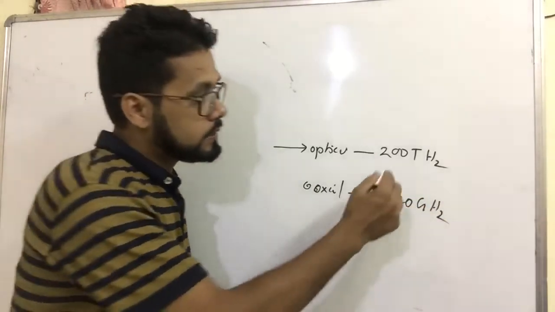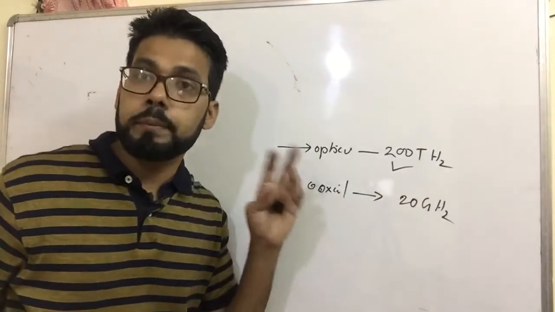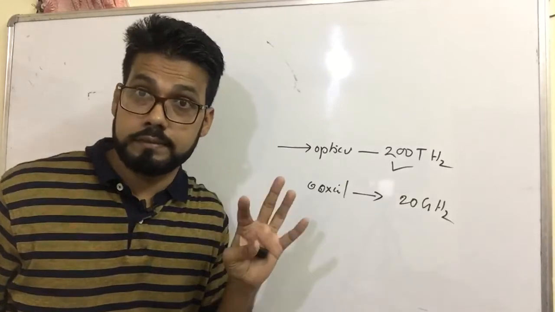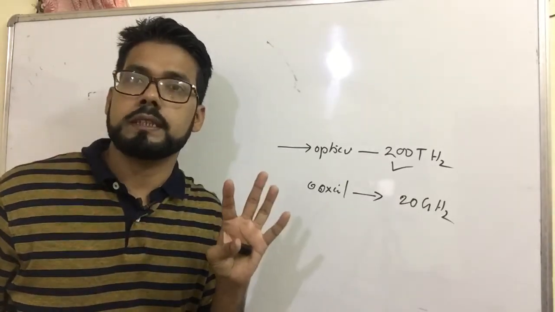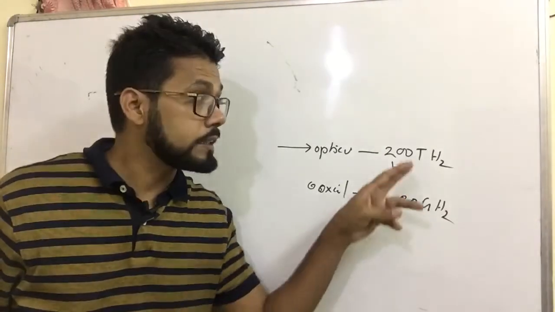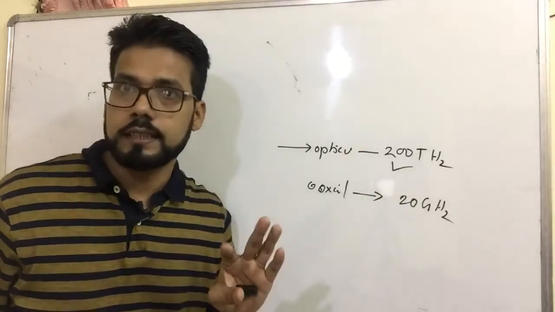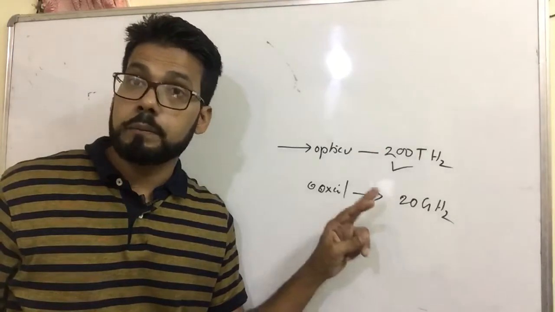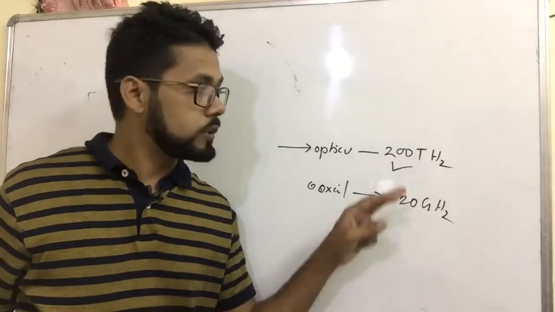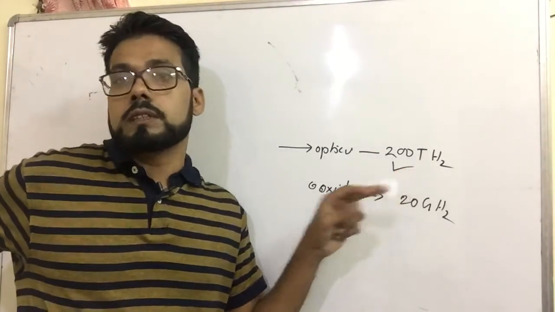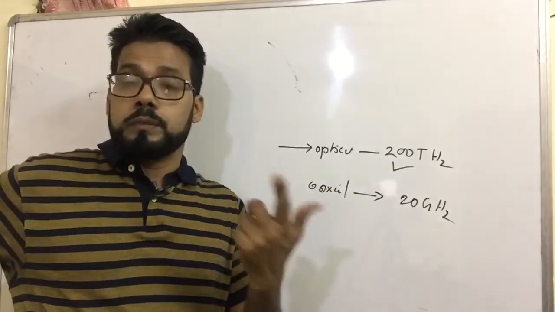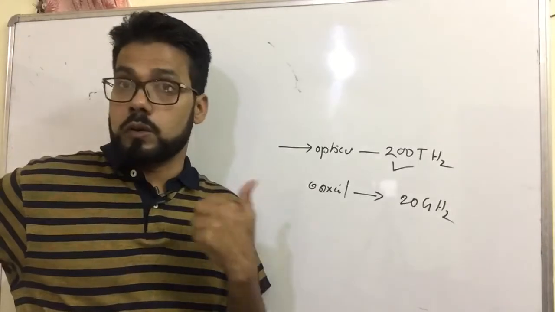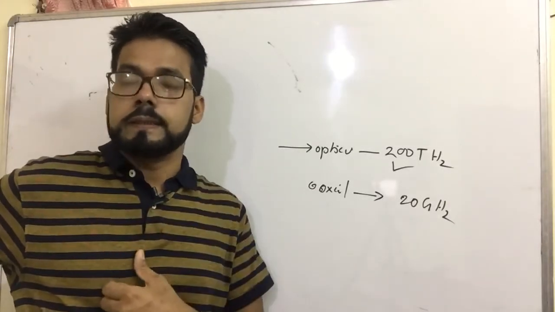Optical medium has a high operating carrier frequency, approximately 200 terahertz, and coaxial communication operates up to approximately 20 gigahertz. So that is why optical communication can carry more information as compared to coaxial communication, apart from the loss. That is another advantage.